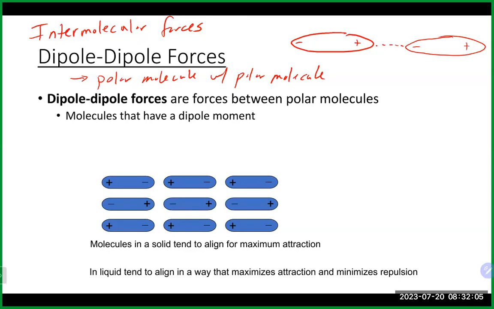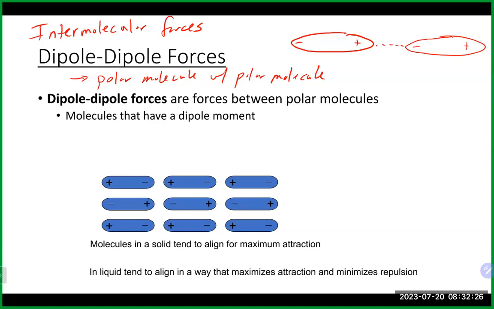Molecules that have dipole moments, which are polar, tend to do this. When we get a bunch of polar molecules together, they try to move around a little bit to maximize the interaction between opposite charges, right?